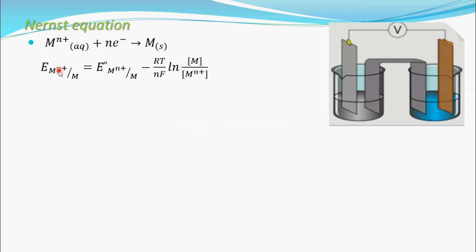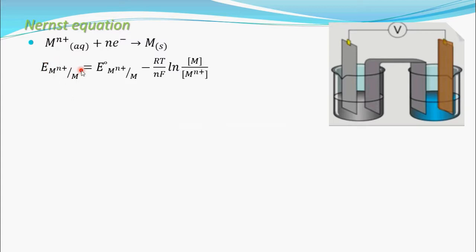See, E of M raised to n plus bar M, that is the reduction potential of M. This is undergoing reduction. Why am I taking the reduction reaction only? Because all electrode potentials are measured as reduction potentials only, so I am taking the reduction reaction. This is also a reduction potential.